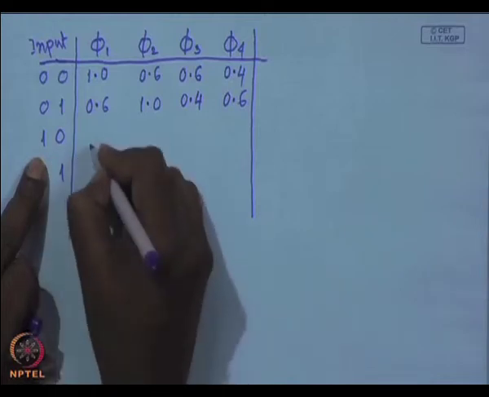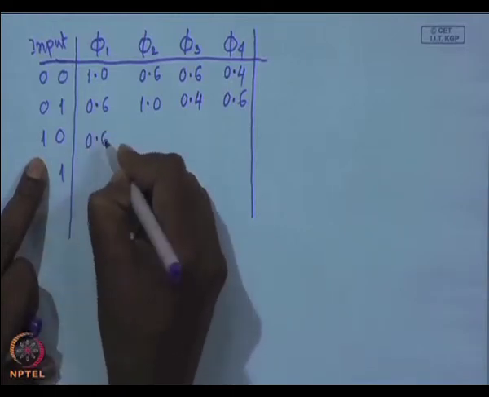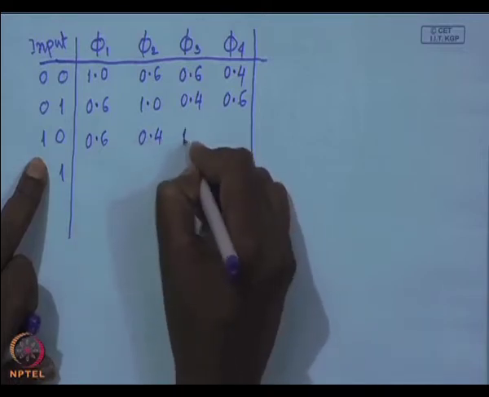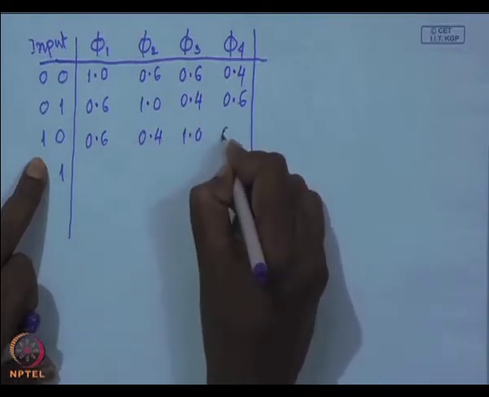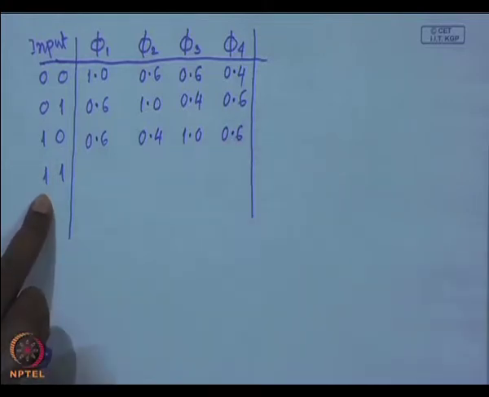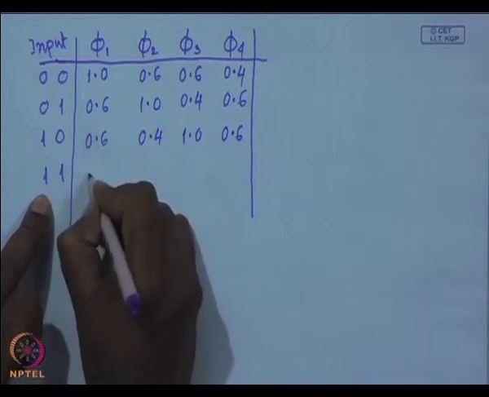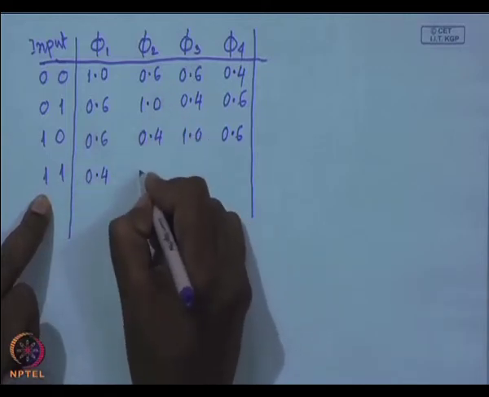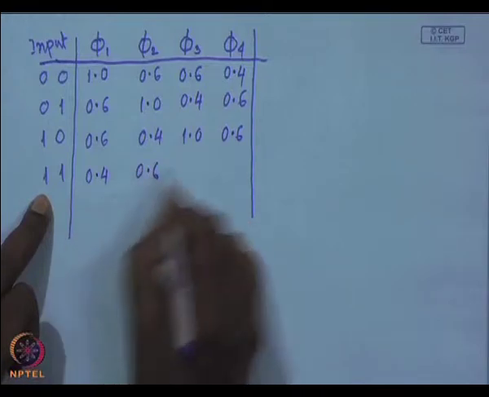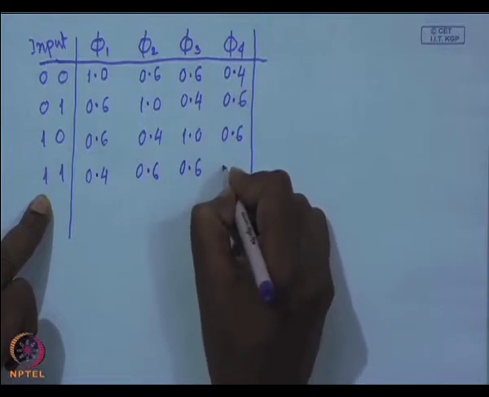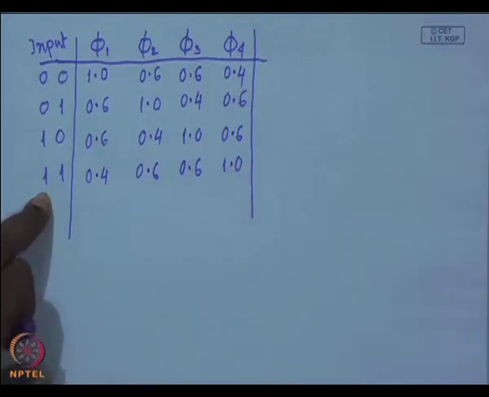For 1 0, this is 0.6, this is 0.4, this is 1.0, this is 0.6 again. And for the input feature vector 1 1, I have phi 1 is equal to 0.4, phi 2 x will be 0.6, phi 3 x will be 0.6 and phi 4 x that will be 1.0.